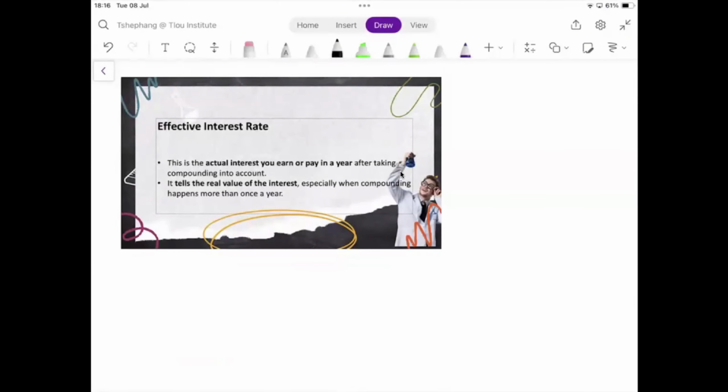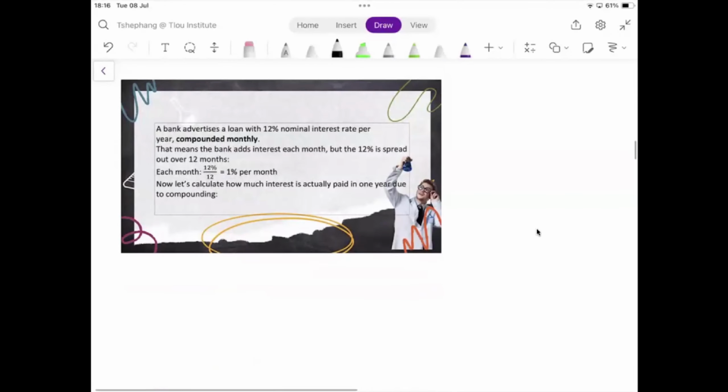Okay, so a bank advertises a loan with 12% nominal interest rate per year, compounded monthly. Be very careful there. See, I put it in bold for you guys. It's compounded monthly. Right? What does this mean?